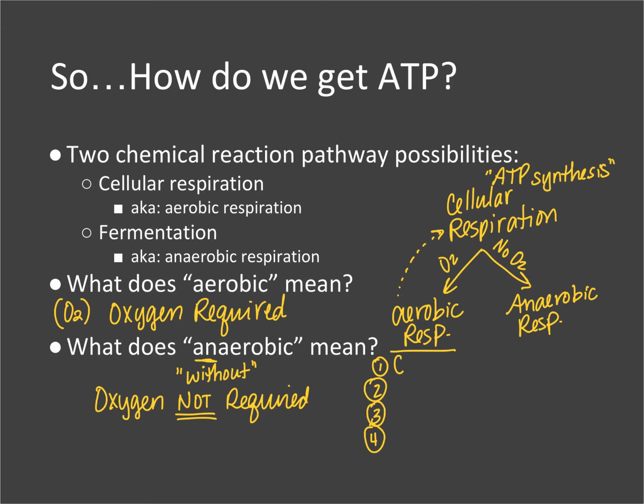The first step is glycolysis. The second step is the oxidation of pyruvate. The third step is the citric acid cycle. And the fourth step is known as oxidative phosphorylation.